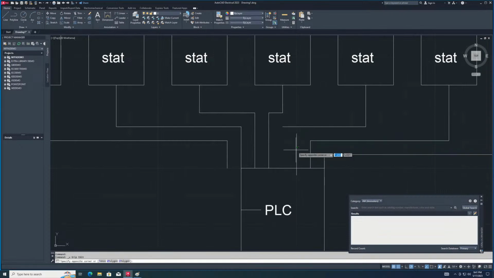Come on. There we go. Make this a little cleaner. Whack that.